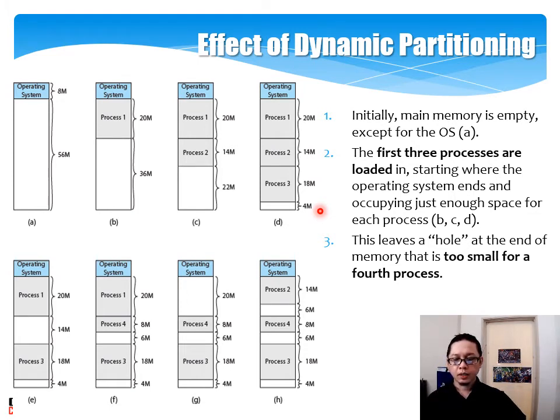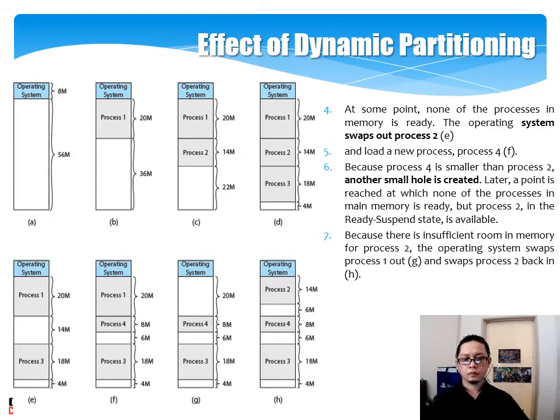Now, what happens after that? Imagine after all three processes have accommodated their memory slots, only 4 megabytes of space is left. So what happens if another process wants to come in? Let's say process 4.